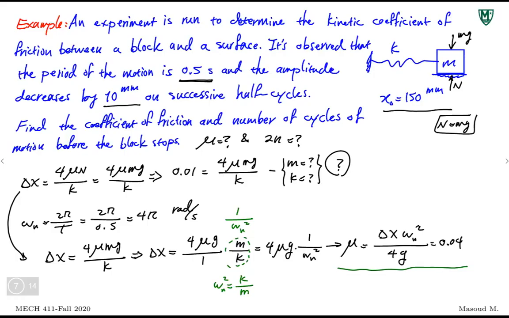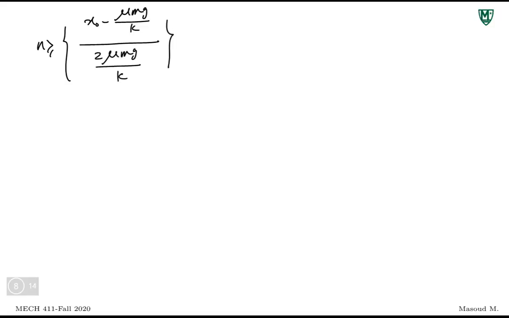The same story applies to the other equation for n, the half cycles. I said n is greater than or equal to x naught minus mu mg over k, divided by 2 mu mg over k. I do the same thing.